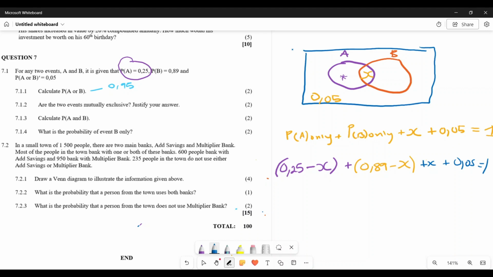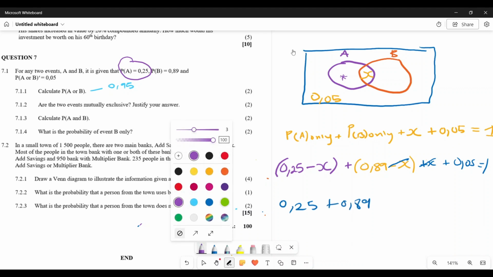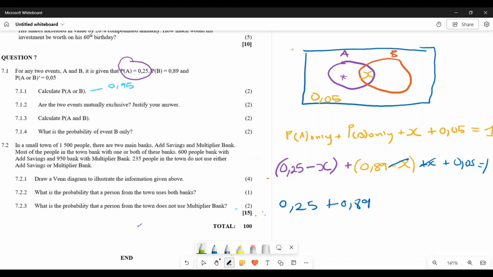Now, let us simplify this, right? So if I were to simplify it, this negative X is going to cancel out with this positive X right over here. So as a result, I would be left with 0.25 plus 0.89. So now I'm grouping like terms together. And I am left with 0.25, right? Plus 0.89, and I still have this 0.05.